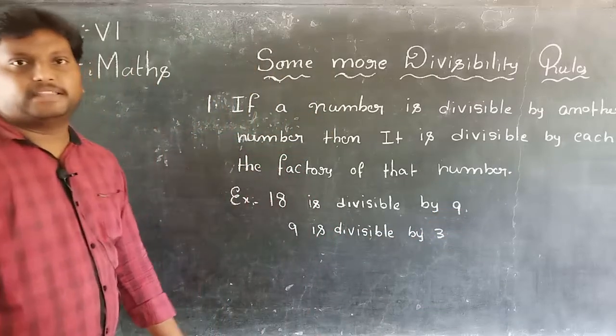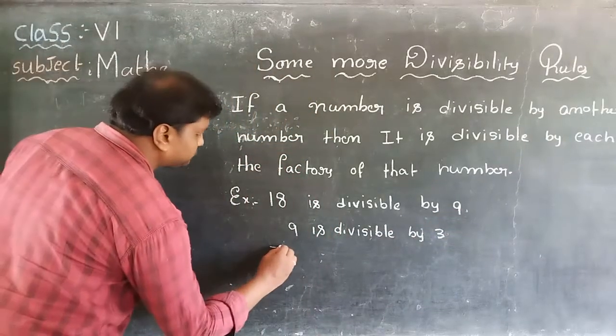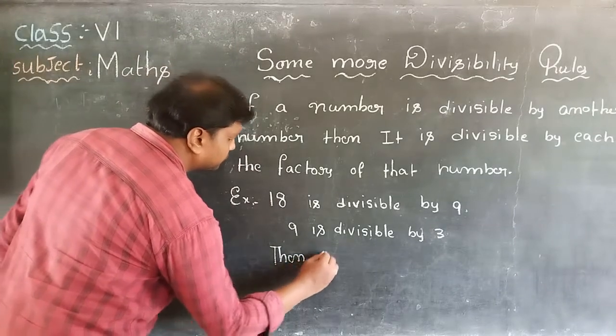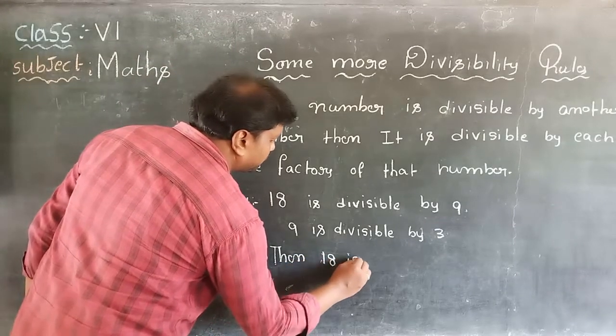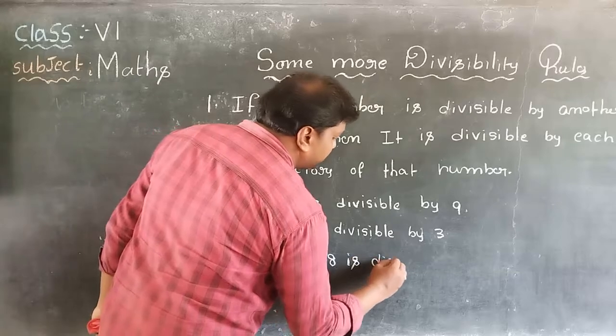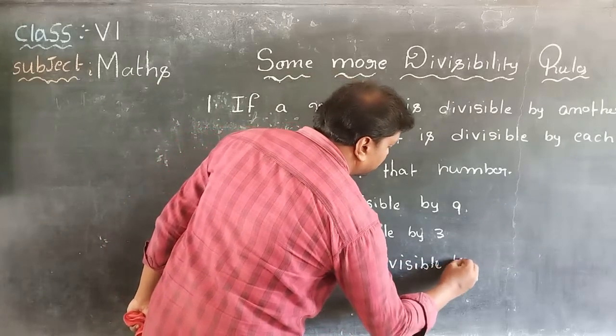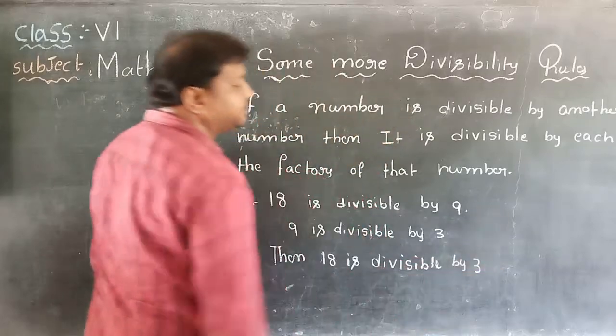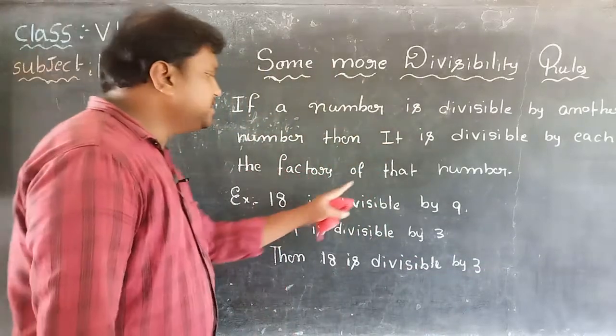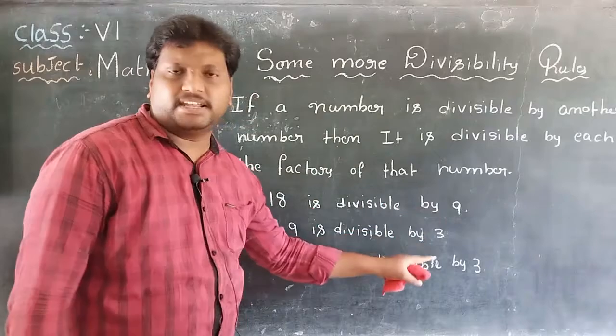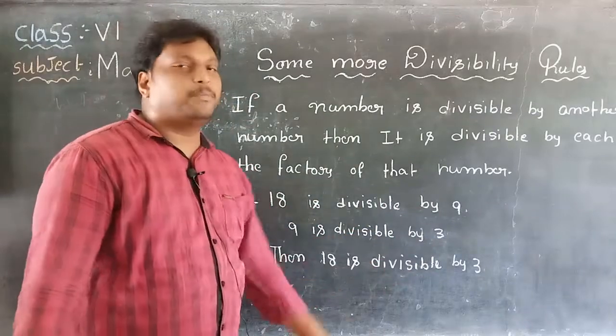Then 18 is divisible by 3. 18 is divisible by 9, 9 is divisible by 3, then automatically 18 is divisible by 3.